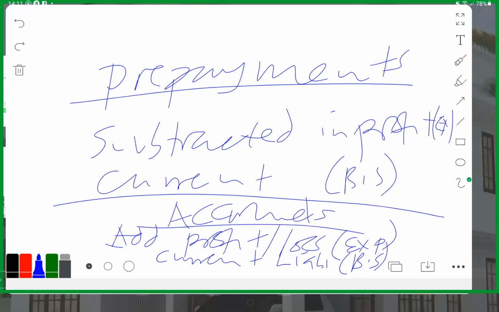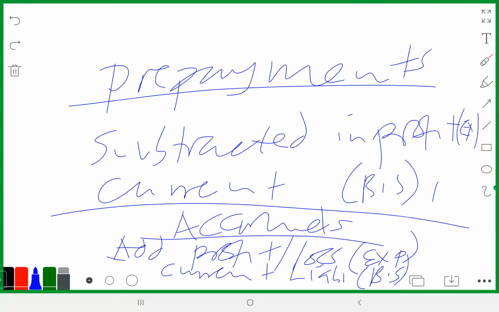I've already indicated to you how you treat these payments. For prepayments, they should be subtracted in the profit and loss account, under the expenses, from the respective expenses. For example, if you have a prepayment on wages, it means you have paid your workers in advance.